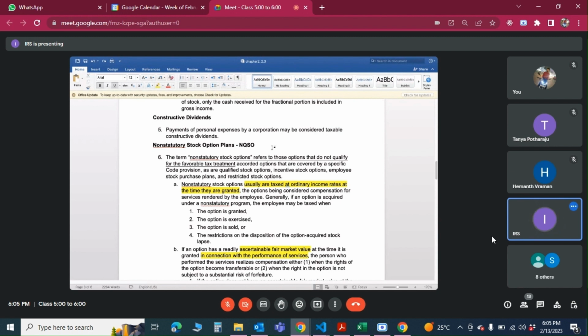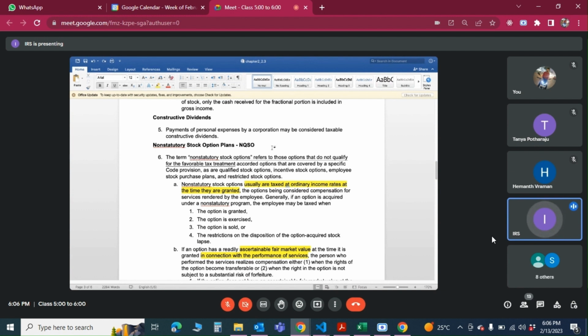You have a choice. When you're given RSUs, you don't have a choice. You just see it sitting on your W2 or your Form 16. The company has given stock. They're not asking you whether you want it or not. It just comes up as a taxable item on your W2.